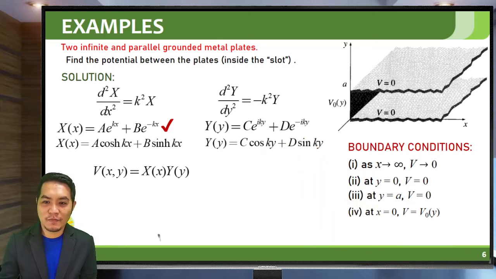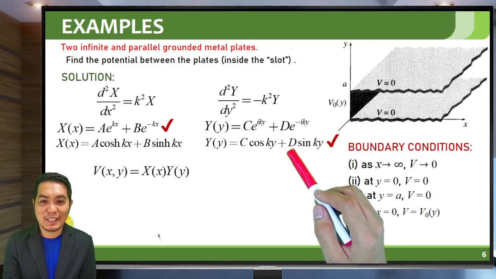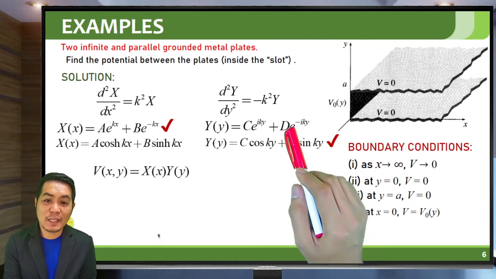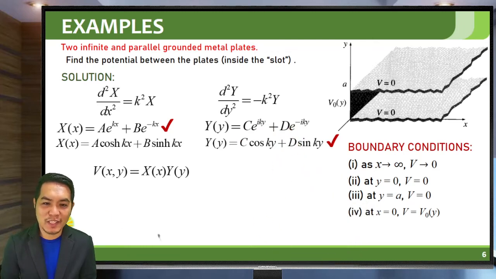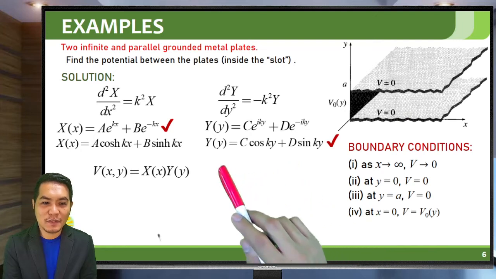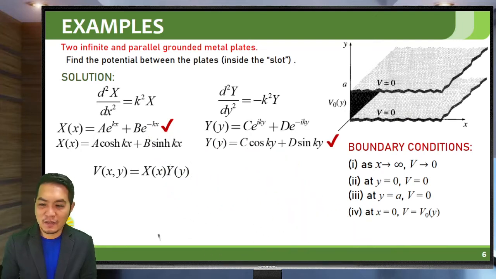So it can be 0. So we need to use the sinusoidal form, because this is the only solution that can approach 0. The exponential form cannot be equal to 0 at y equal to 0. So for this specific problem, the combination of the solution is an exponential x and a sinusoidal y.